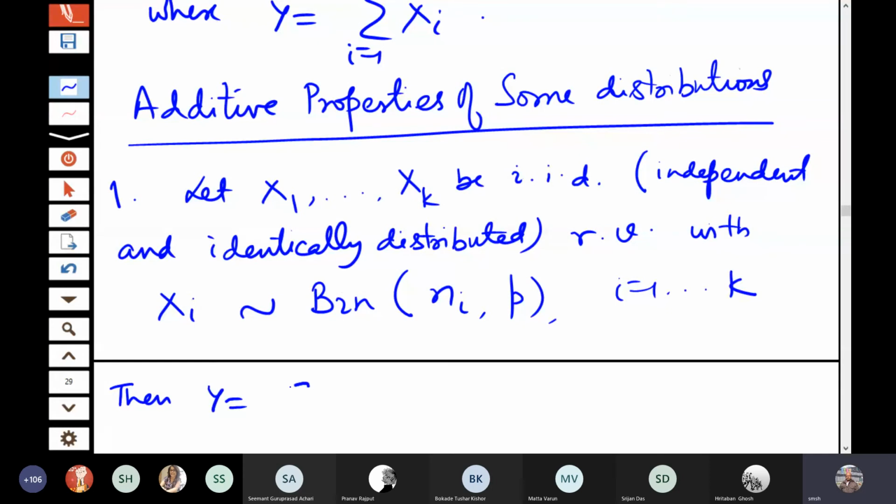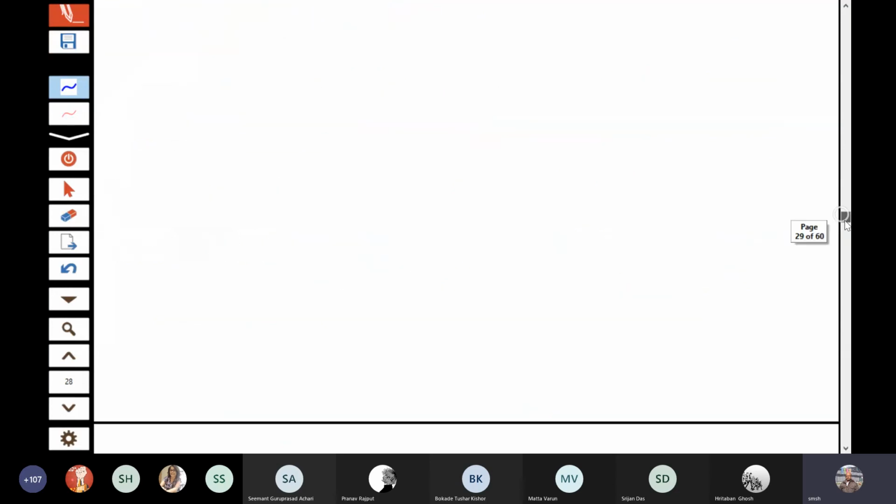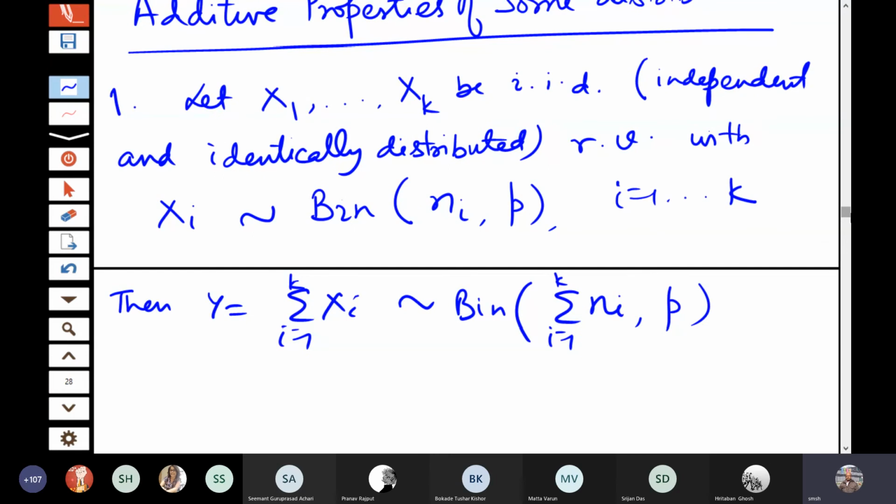Then Y equal to sigma Xi will follow binomial again with some added n and p. That means binomial distribution is additive if the probability p is constant.